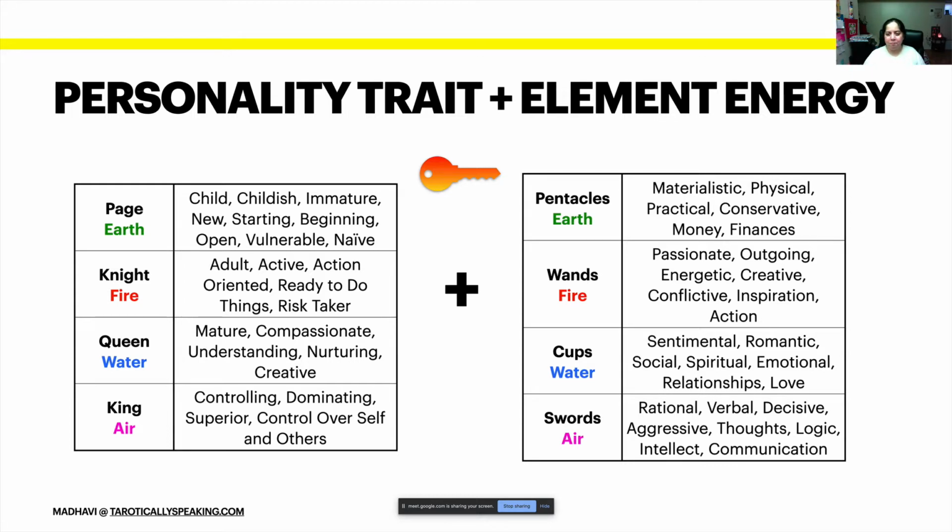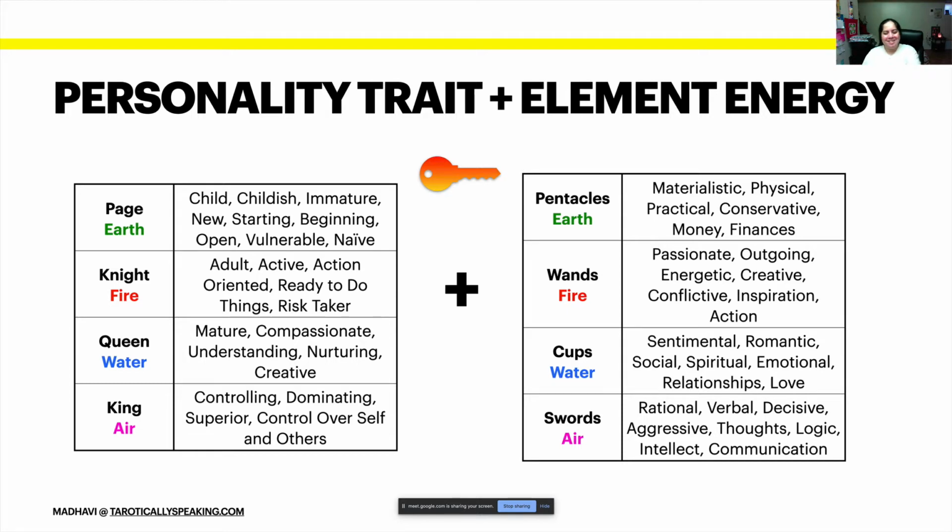So the King of Pentacles likes to control, say, finances. He is very dominating and very practical. He likes to have control over himself and others, especially when it comes to materialistic things. You see how he's suddenly coming alive.